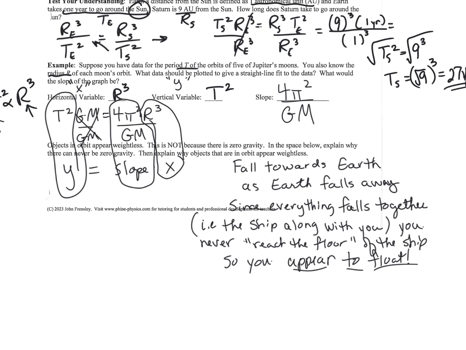And so you float out there in the middle. That's why you have to actually push off of something to be able to move. You have to interact with all that stuff that's falling with you before you make a change. Okay? That's it.